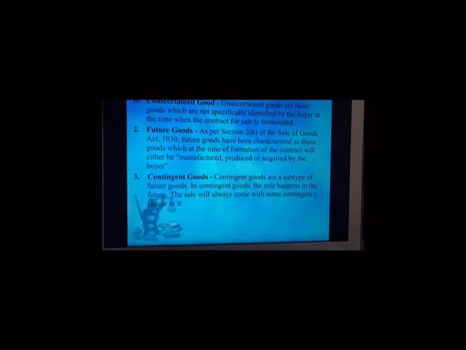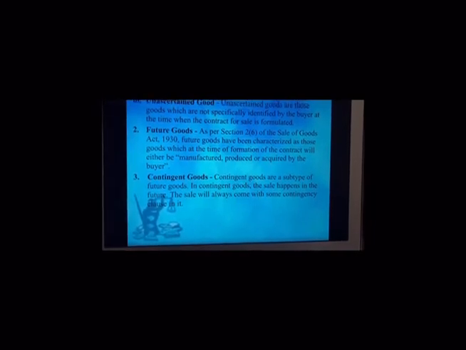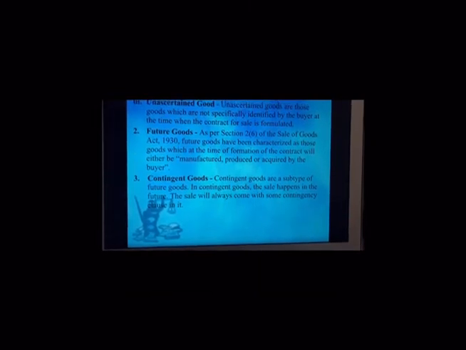The buyer and seller have no idea what type of oranges will grow in the farm of the seller. How can it be defined? It can be defined by various aspects like fertilizer, the land, the season, how it is grown. Everything affects the final product. So it's an uncertain good.